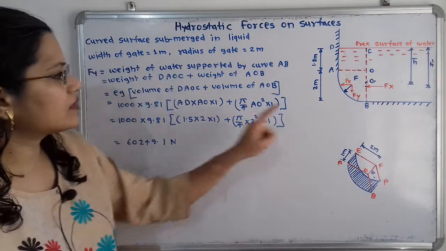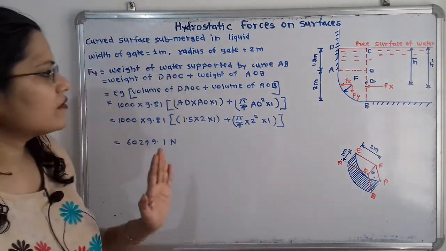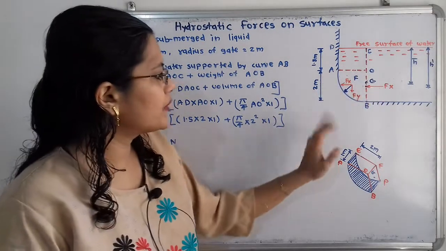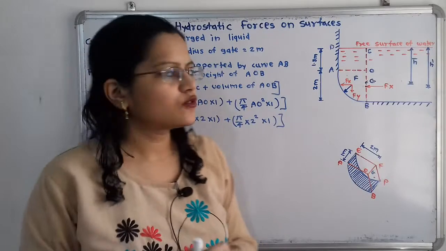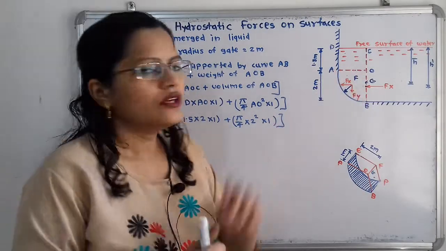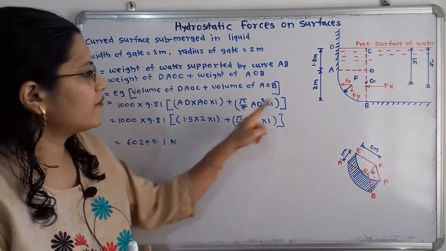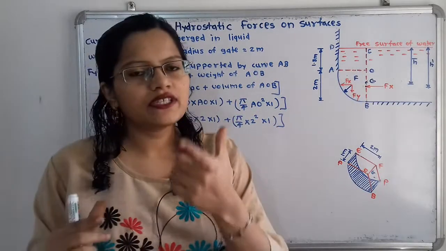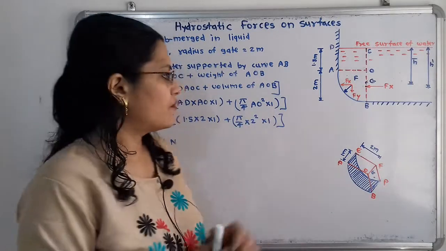Now how to calculate the volume of AOB? For the volume of AOB, we take the area multiplied by width. The area of AOB is a quarter circle, so we take pi by 4 AO square. AO is the radius. So pi by 4 AO square into width, that is 1.